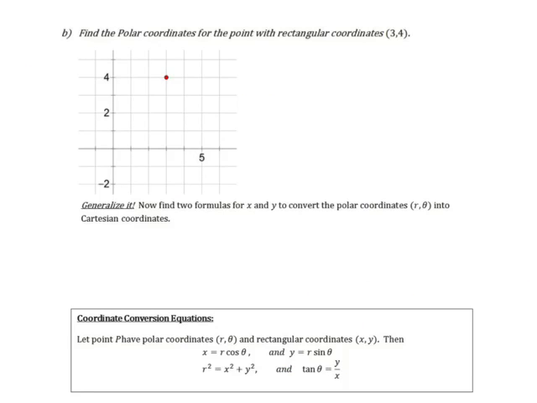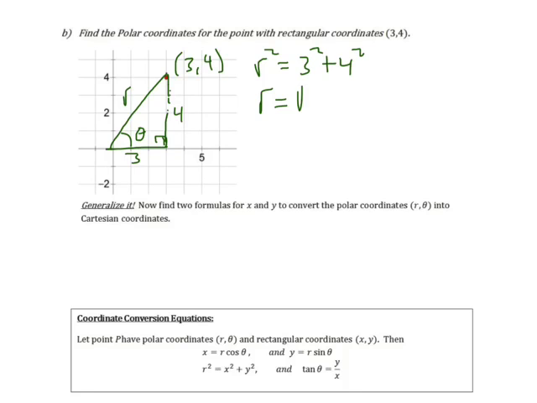And if we want to go the other way around now, here we have a point, and in rectangular coordinates, this is 3, 4. We want to figure out what it would be in polar coordinates. So we need to know what this angle is and what the radius is. Again, we're just going to boil down to some good old trigonometry here. So let's think about a right triangle. We know this is 3, we know this is 4. With some Pythagorean theorem, we know r squared equals 3 squared plus 4 squared. So r is the square root of 3 squared plus 4 squared, which comes out to be 5.